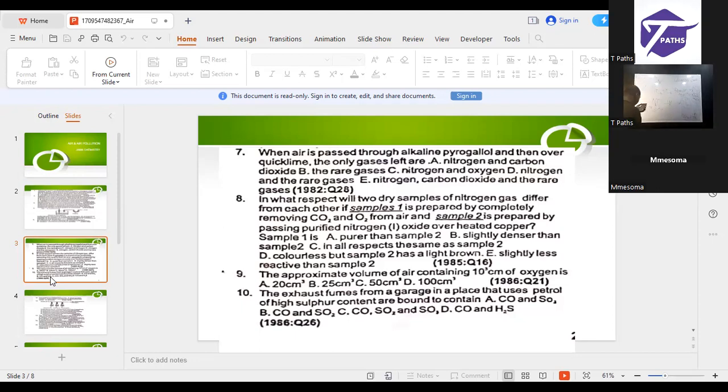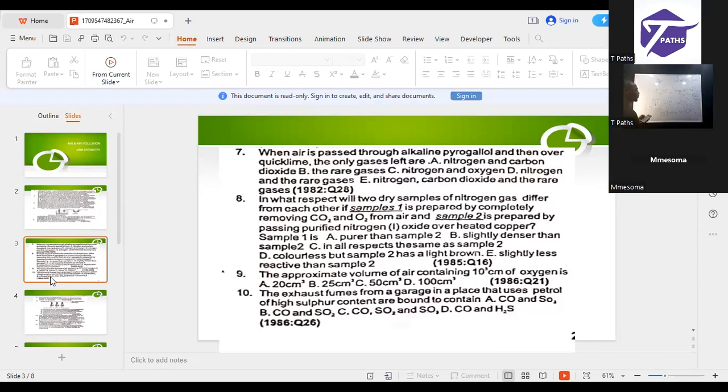So in that case, we need to know that normally 100% of air is equal to 20% of oxygen.